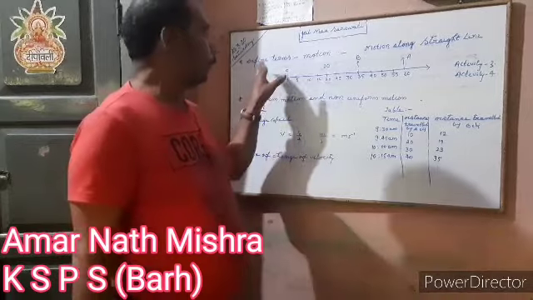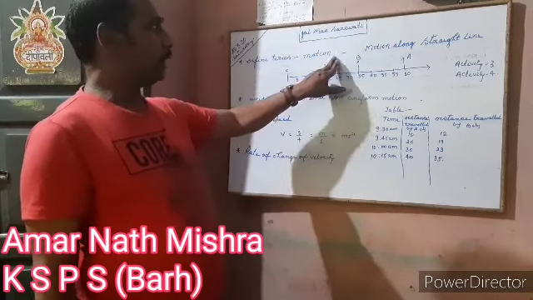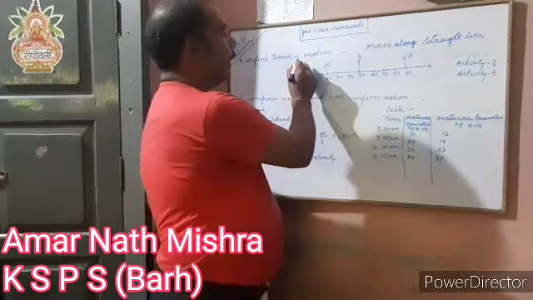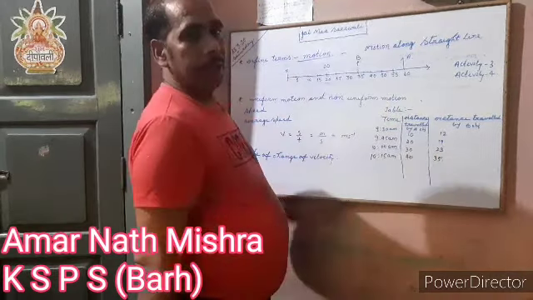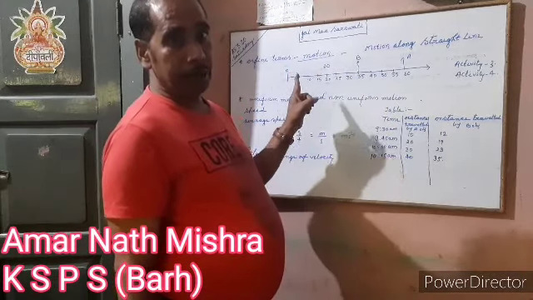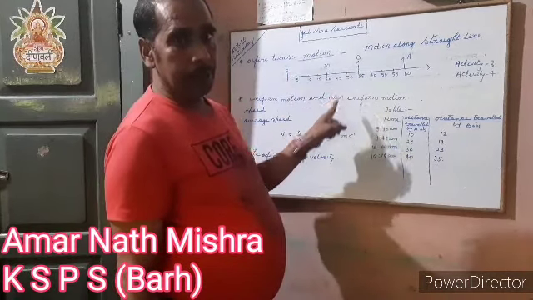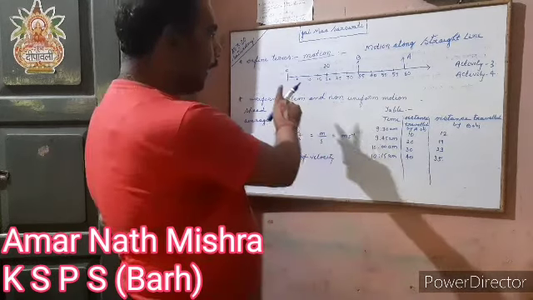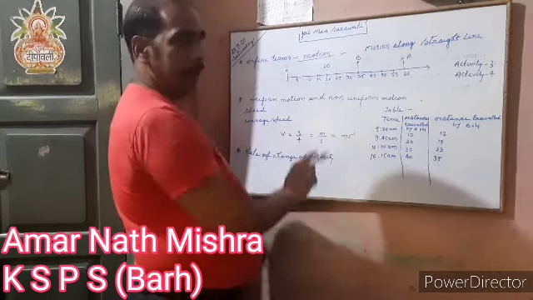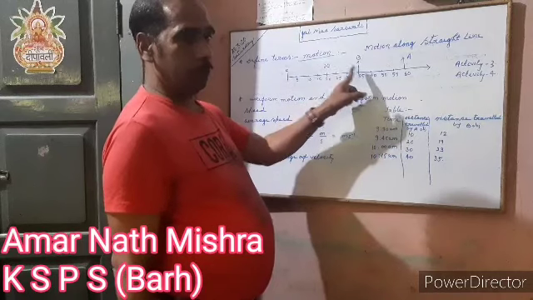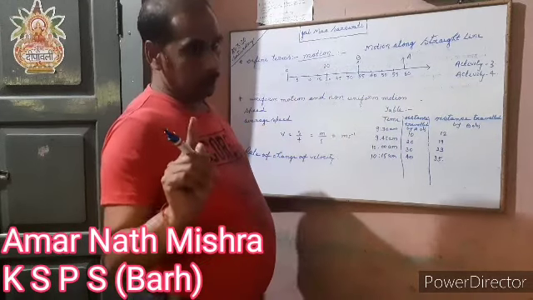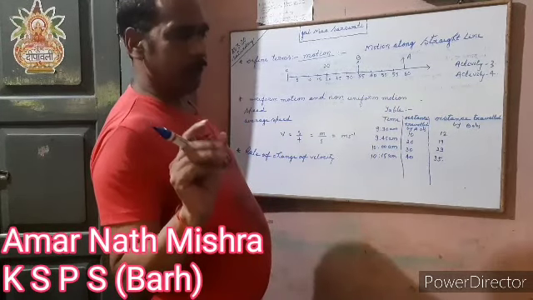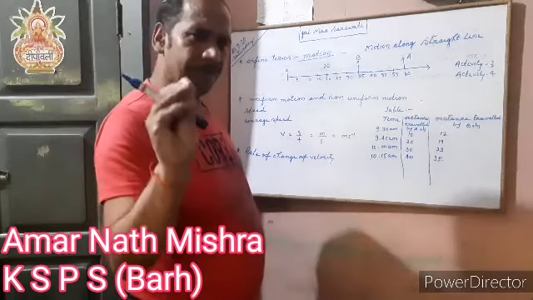So how can you define motion? A body is said to be in motion if it changes its position with respect to a reference. Note it down. Motion. What is motion? Very simple.